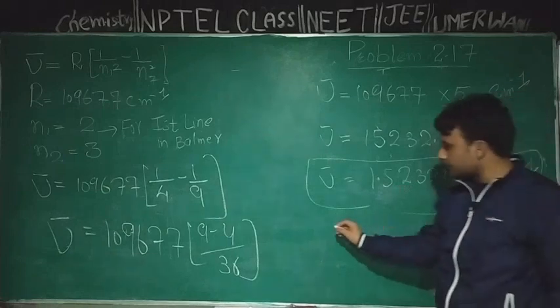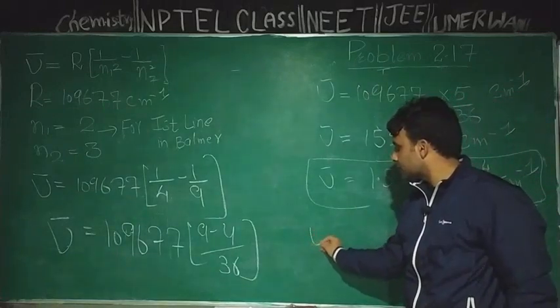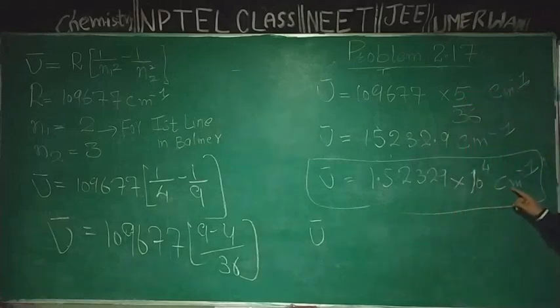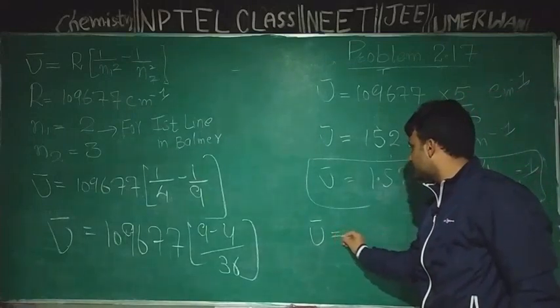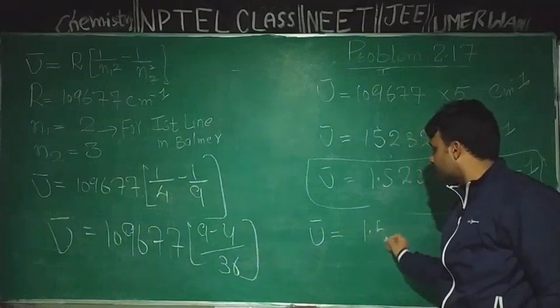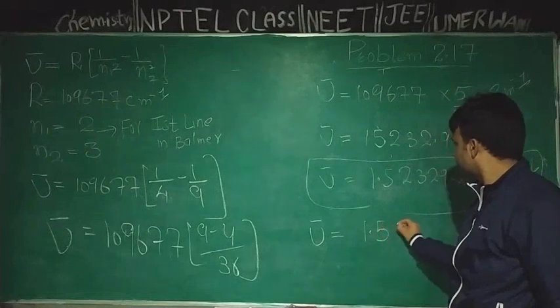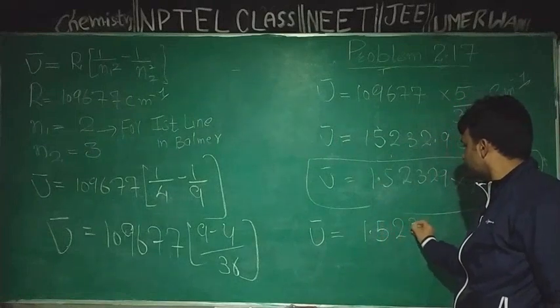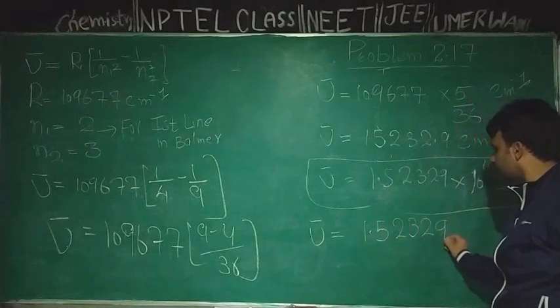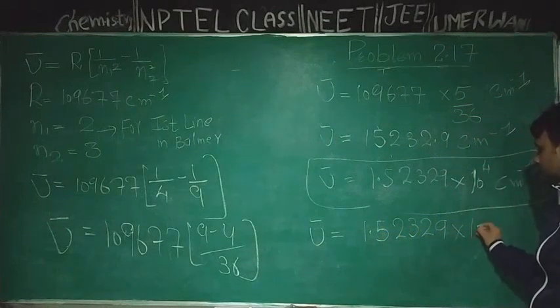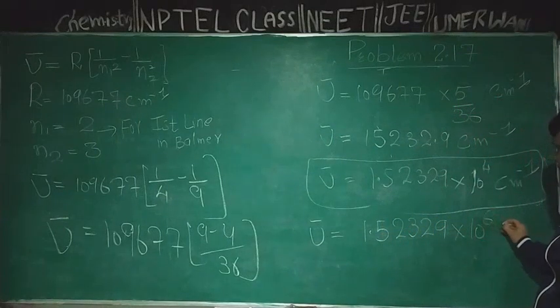I may write my answer in SI unit. For this I have to convert centimeter inverse into meter inverse. The multiplying factor will be 10 raised to power 2. I will get 1.52329 into 10 to the power 6 meter inverse.